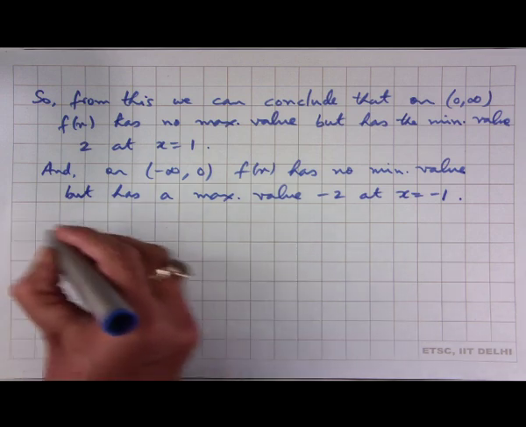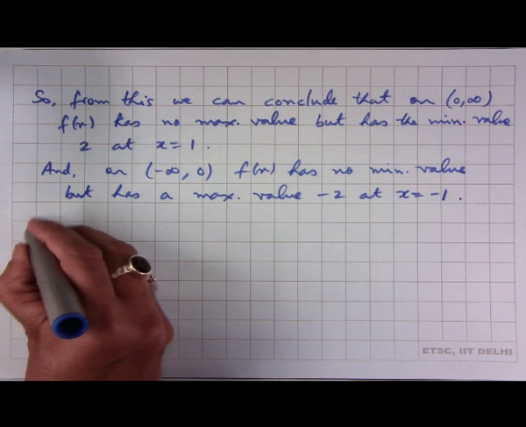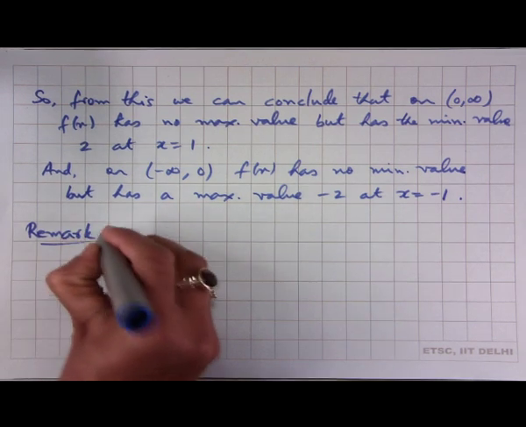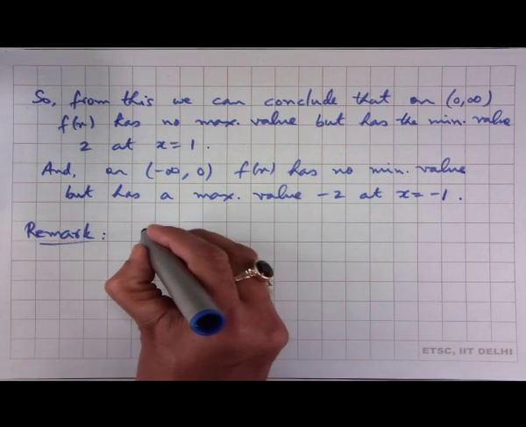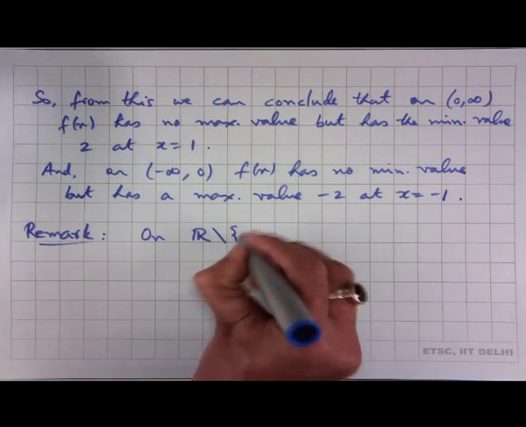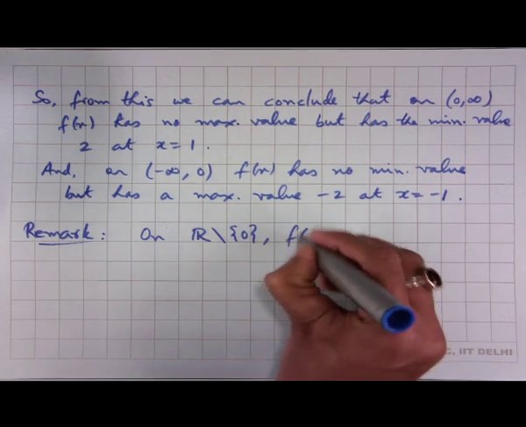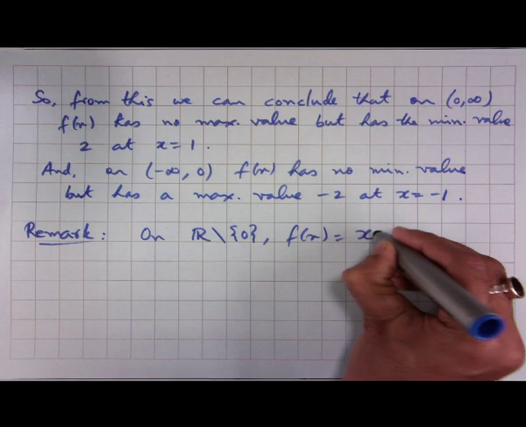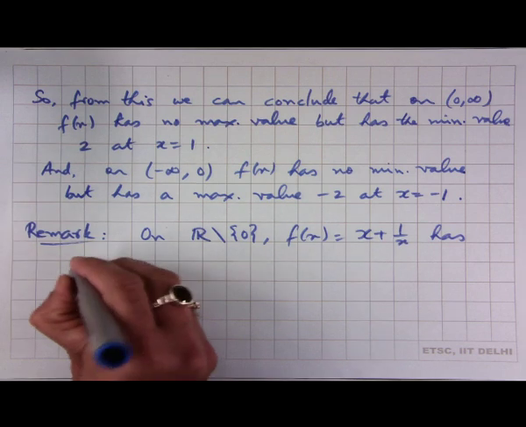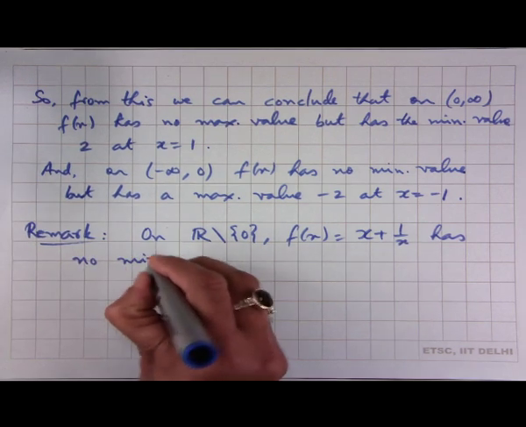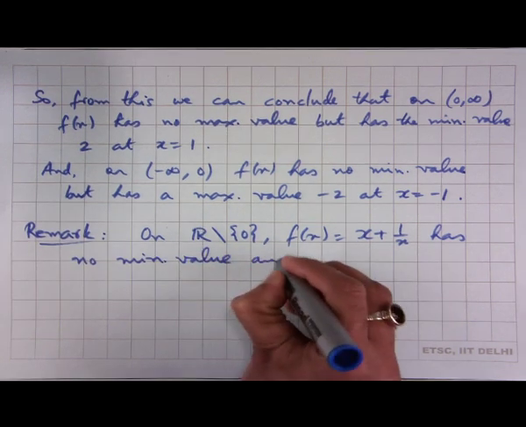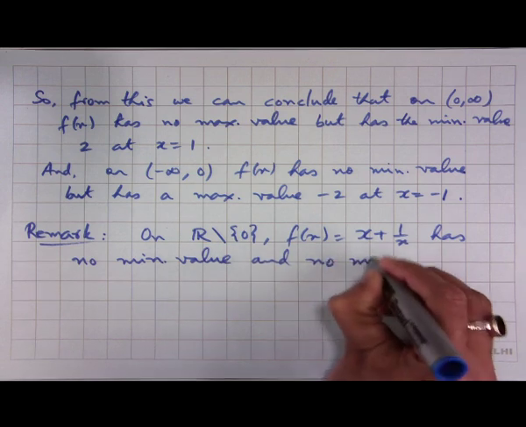Note that if we consider over the whole interval, on R minus 0, this function f of x equal to x plus 1 by x has no minimum value and no maximum value.